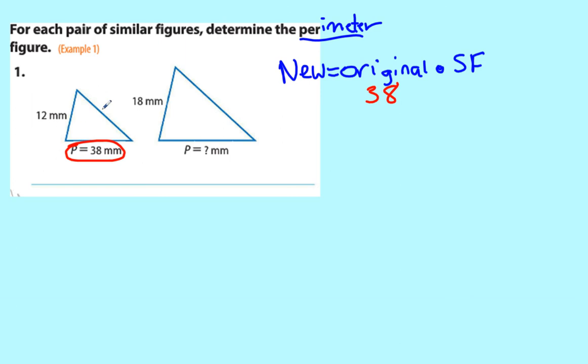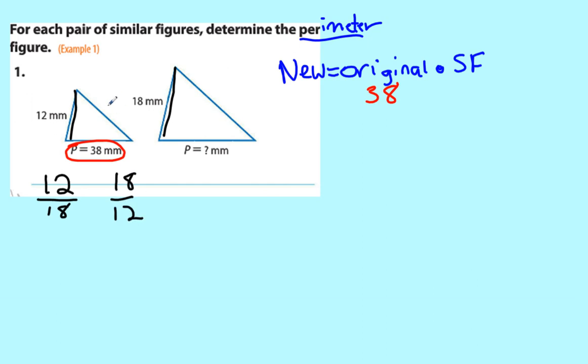So what we have to look at is the ratio of our sides. So we have sides of 12 to 18. What we keep talking about is that this ratio actually represents our scale factor. And we just have to think, which ratio is it? So we have either the ratio of 12 to 18, or we have a ratio of 18 to 12.